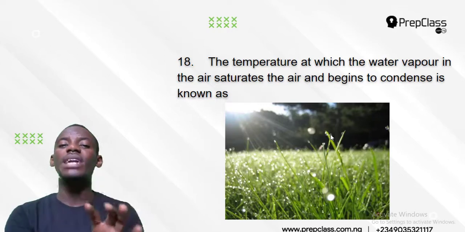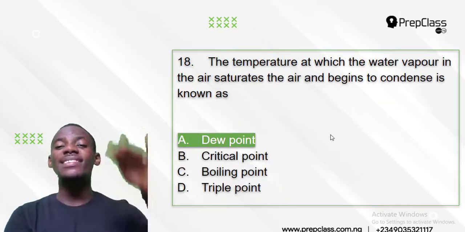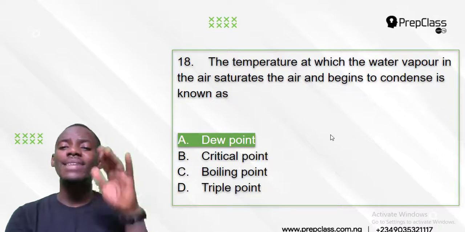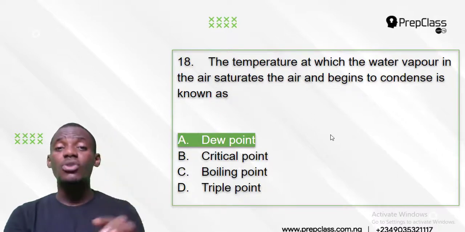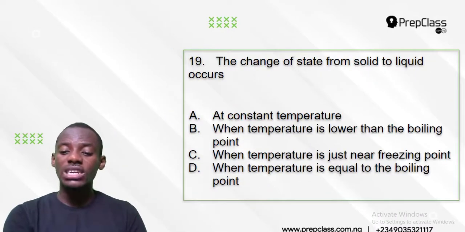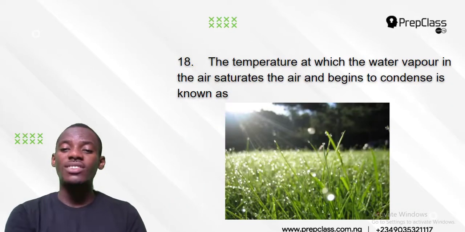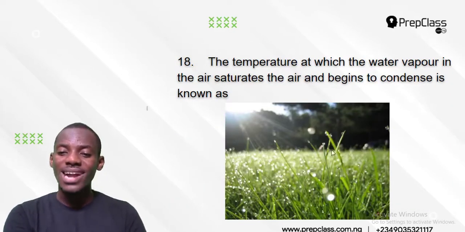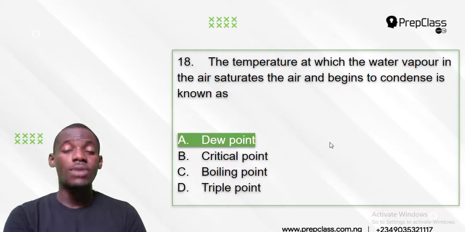That temperature is called the dew point. When air starts changing into water, that temperature after saturation is called dew point, and that's what you see in the morning. So the answer is dew point, and that's the dew you can see on the grasses in the morning, and that happens at dew point.